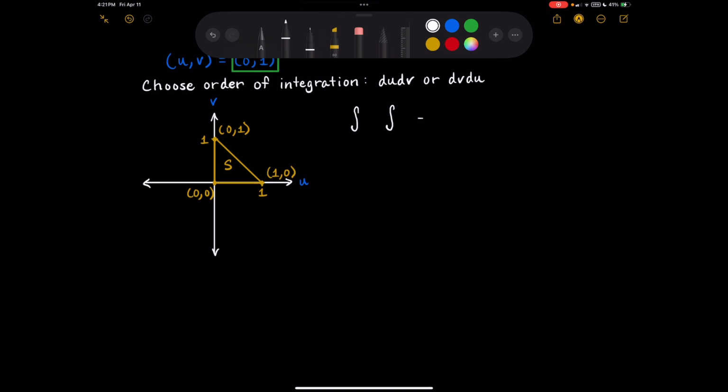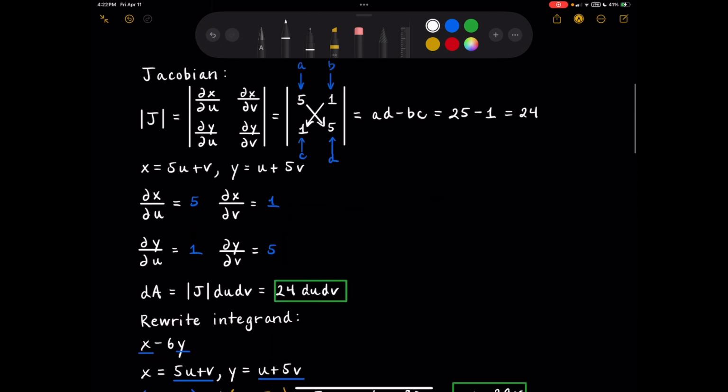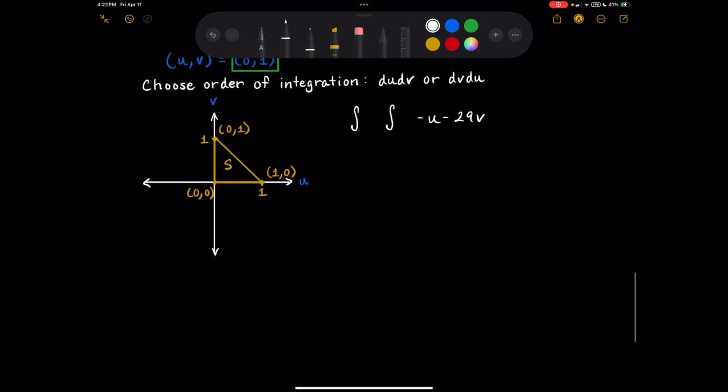So negative u minus 29v. And then I'm going to put our dA, which is our 24 du dv. Do not forget to include that Jacobian. And when we do it in the other one, right, we're going to swap the order of these two. So you'll see what I mean later.